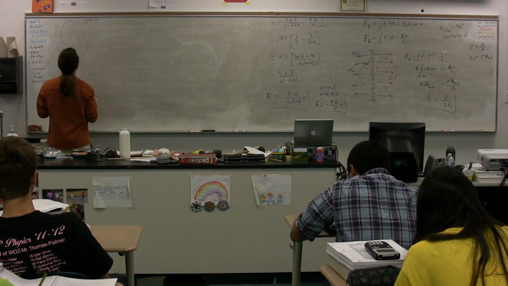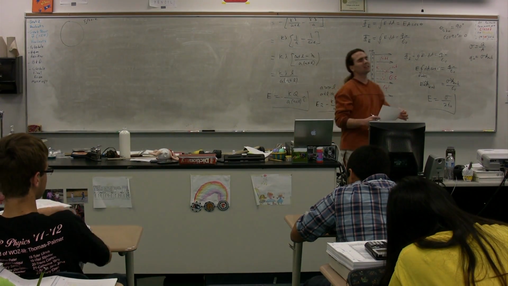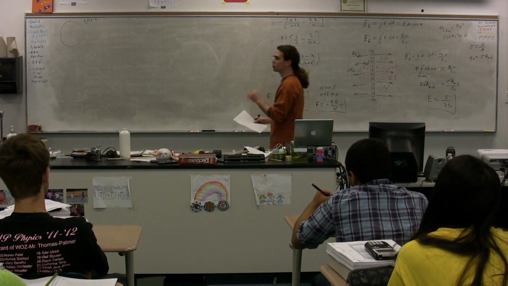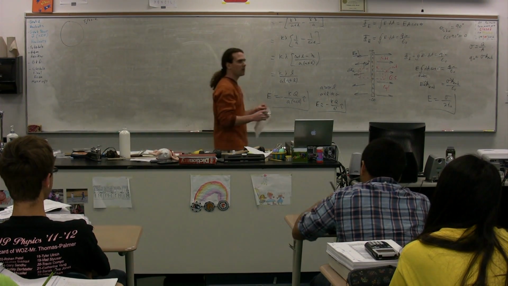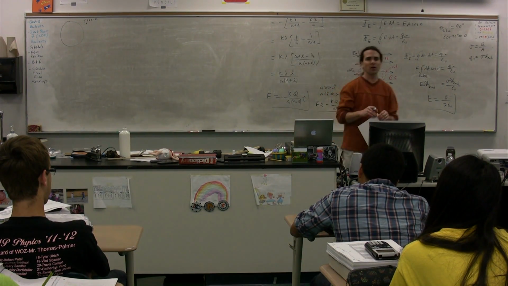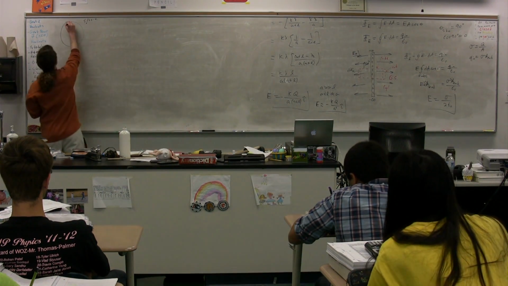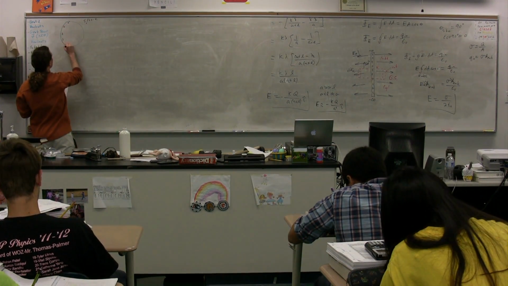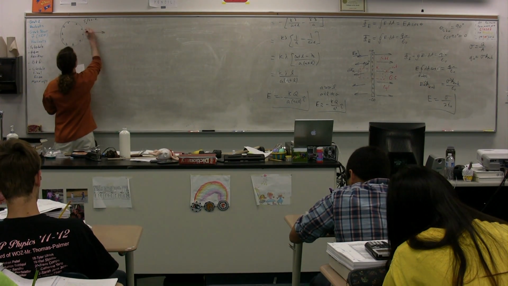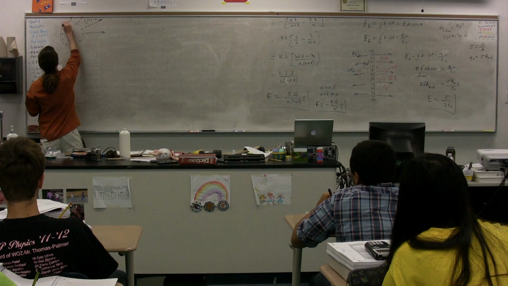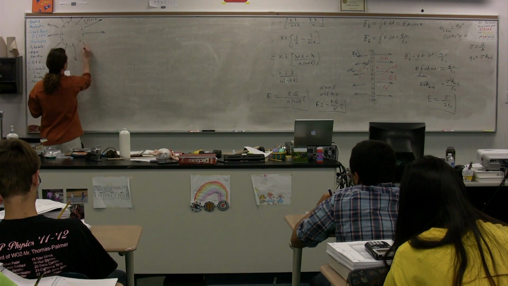All right, so we have a sphere, a uniformly charged conductor. If it's a charged conductor with positive charge, positive Q, where are all the charges? On the surface. And therefore, we know the electric field is going to be uniform and going to look like this.